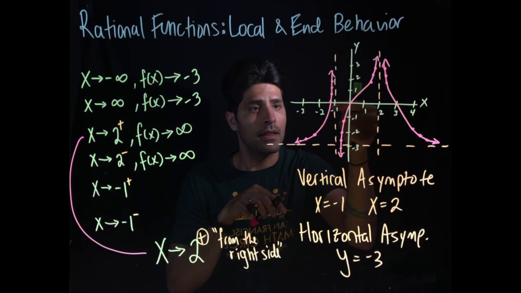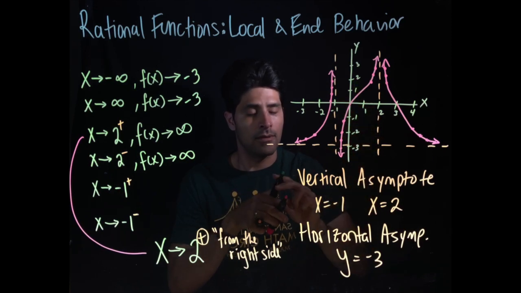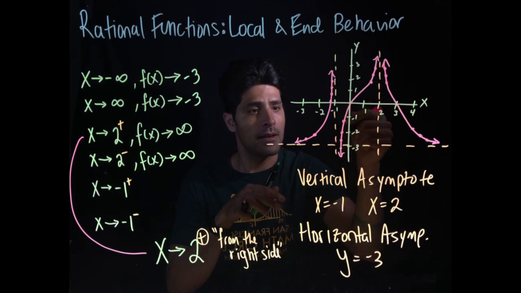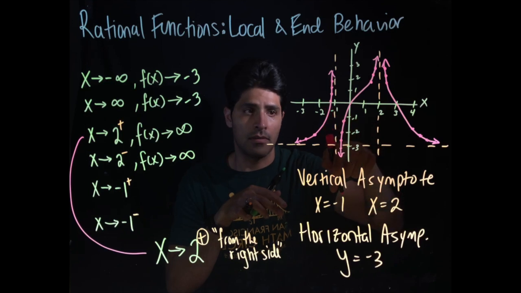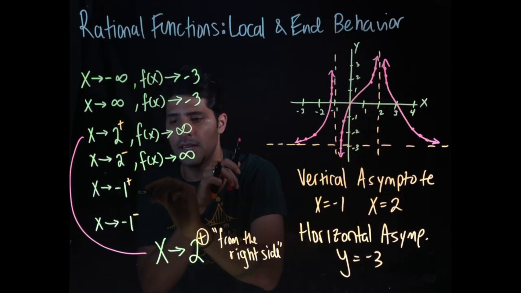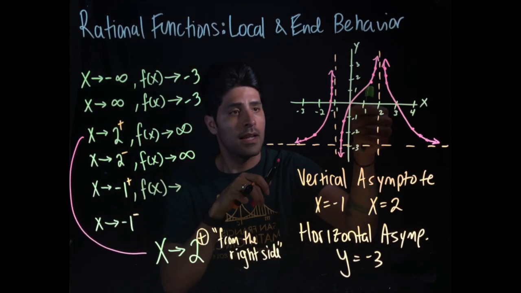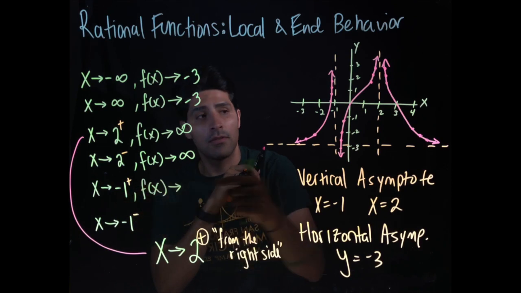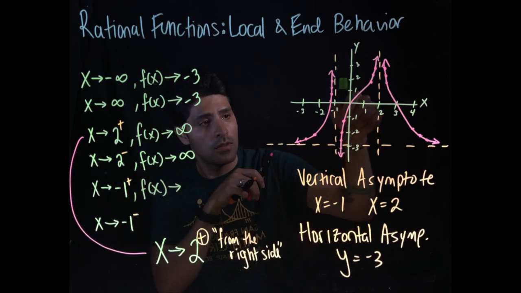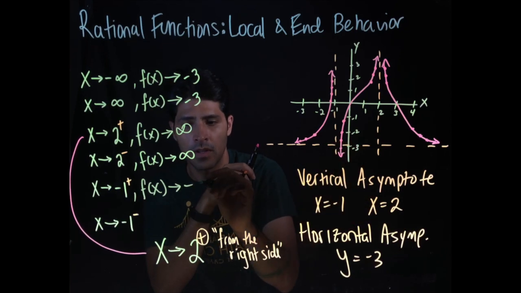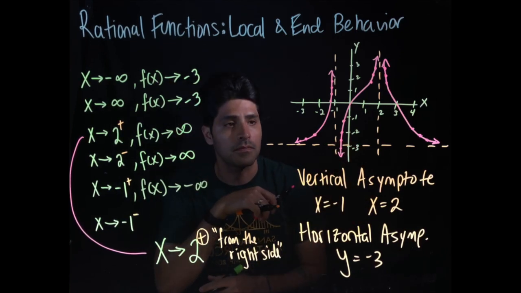From the right, that's this part of the graph that's going down. As the x values get closer and closer to negative 1 from the right, my graph is going down. That tells me my y values are approaching negative infinity. So as x approaches negative 1 from the right, the output values keep decreasing and just keep going down forever. So they go toward negative infinity.